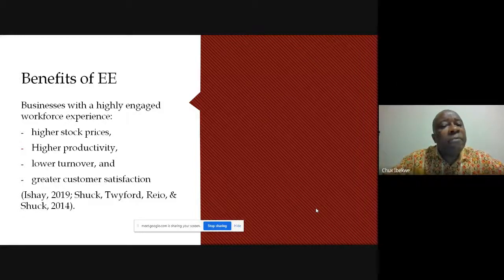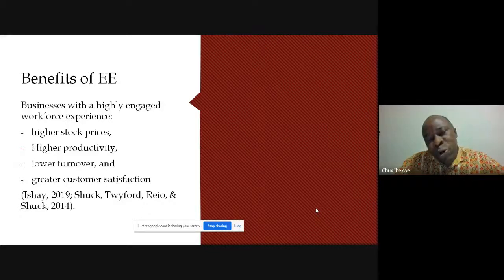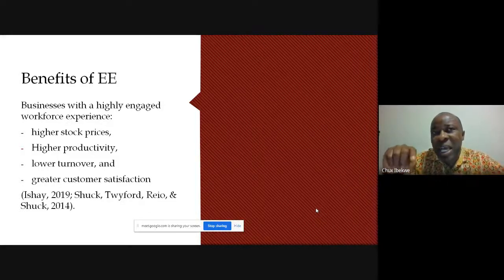Businesses that have a highly engaged workforce experience high stock prices because your stock will be in high demand. Of course, one of the major benefits of employee engagement is that they become co-owners.